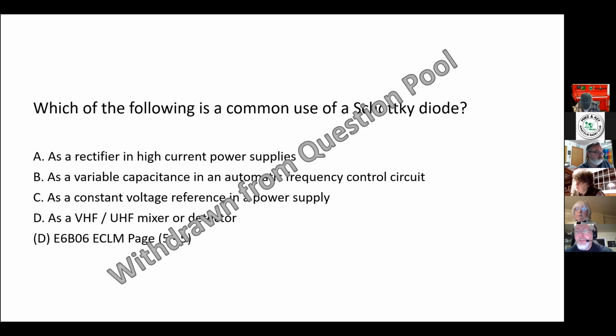So those are the updates, and thanks again, LJ, for the rest of the story. That other one was E1C05. That one's gone? Correct. And if I pull it up on the slide deck, I'll print across it like I did on this one, withdrawn from the question pool.